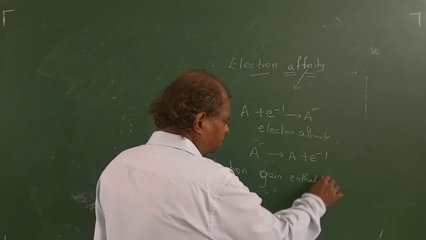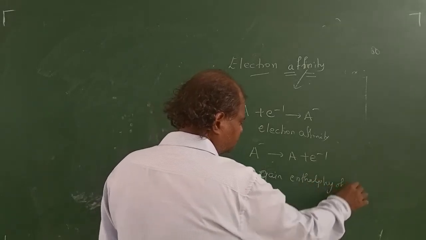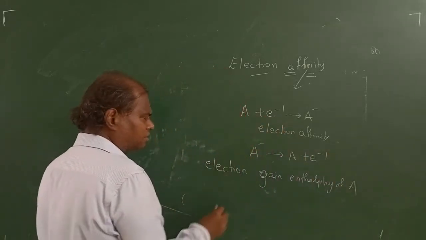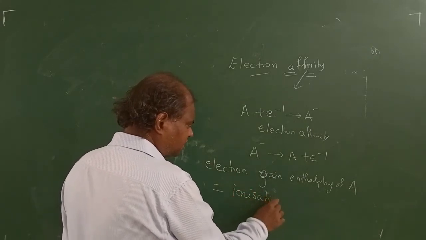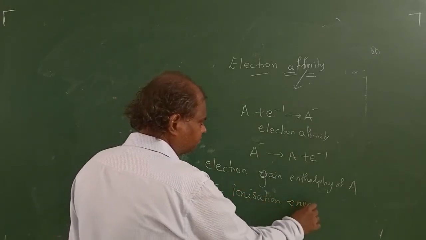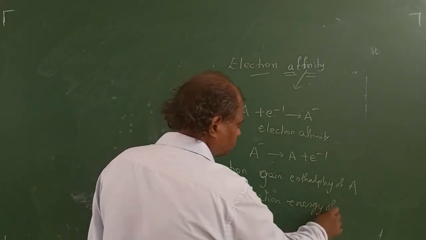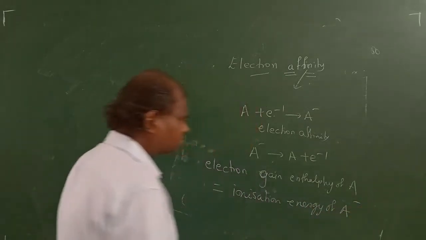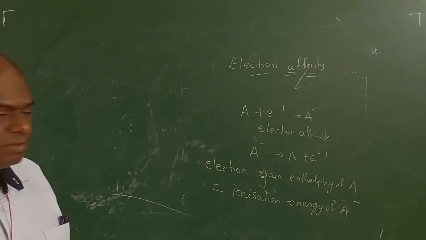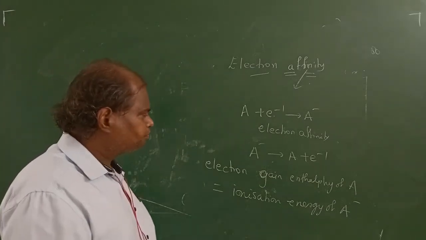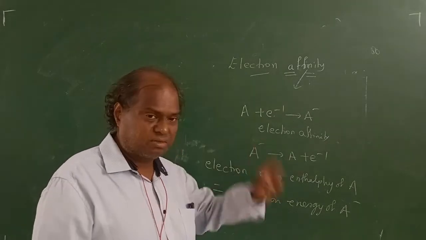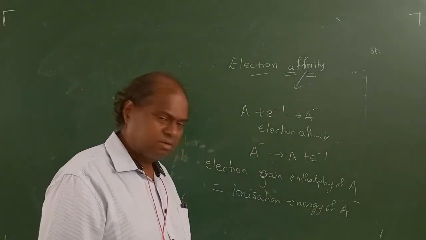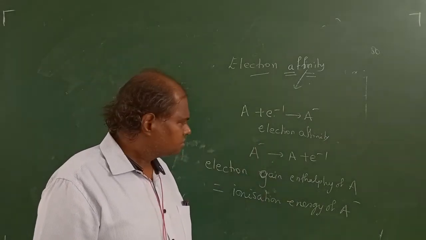This is a very important thing, they ask it in competitive exams. Electron gain enthalpy of A is equal to the ionization energy of A minus. Am I right? A minus is losing an electron. Clear?